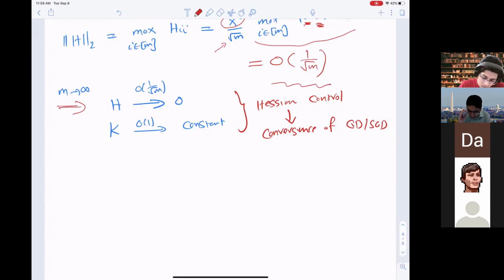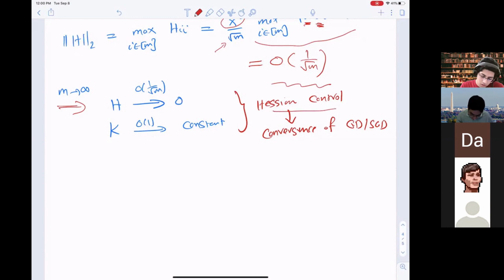But here there is a little bit of a catch, right? That's something I don't personally like, because I don't think it in fact explains why neural networks and deep learning work well in the overparameterization setting. So the catch is the following. Yes, you have a Hessian control.